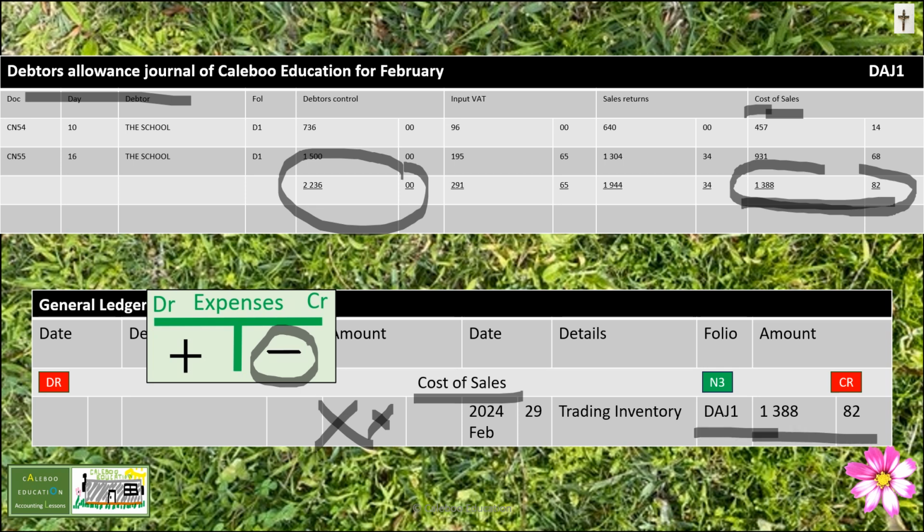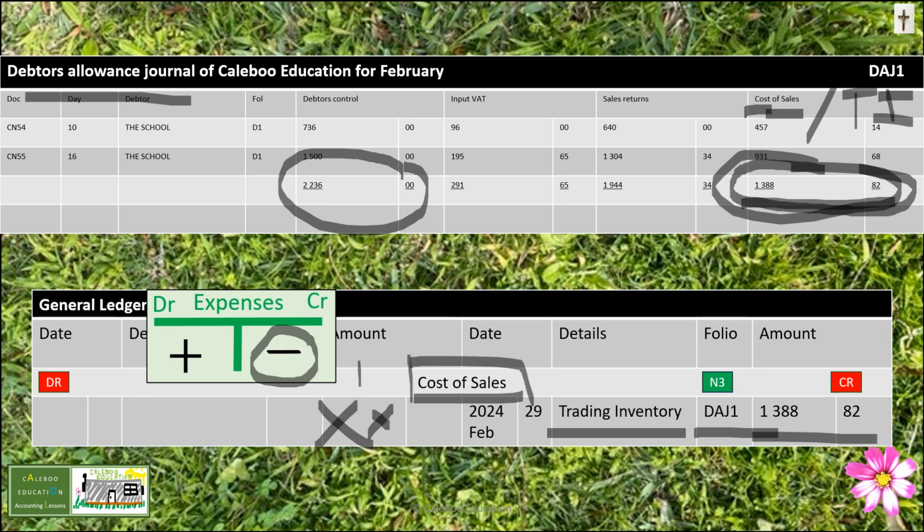Where did the information come from? The debtors allowance journal. What is the contra account? Trading inventory. Remember, I said there should be in textbooks two names to this column, because that amount goes to two accounts in the general ledger, cost of sales and trading inventory. But we're only looking at cost of sales, which is an expense.